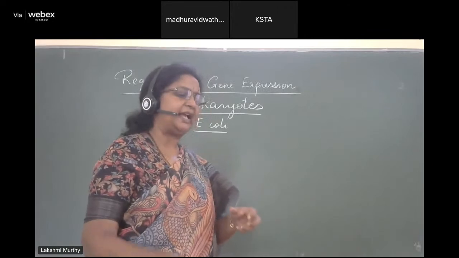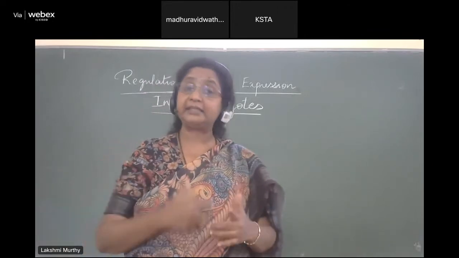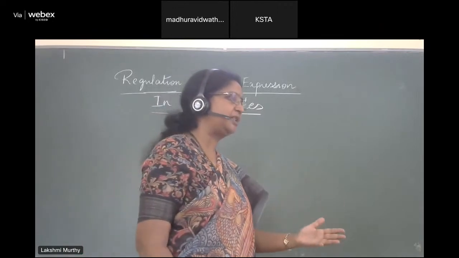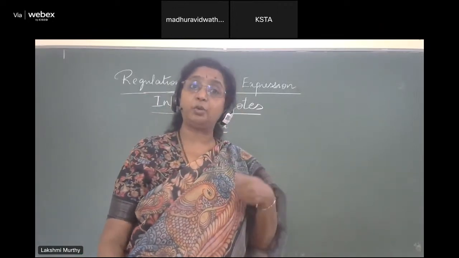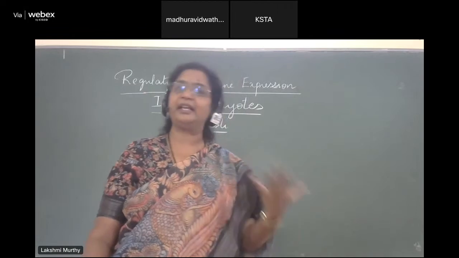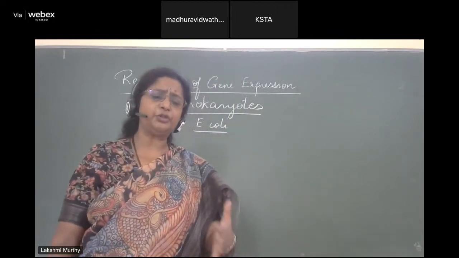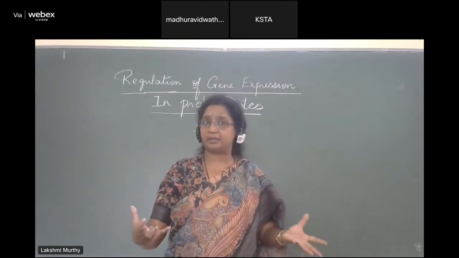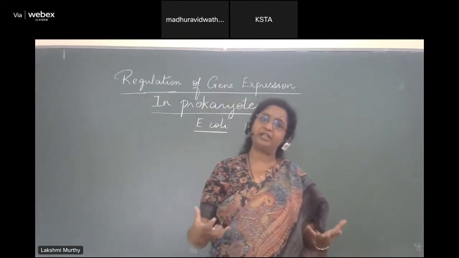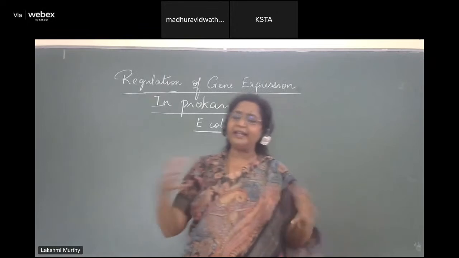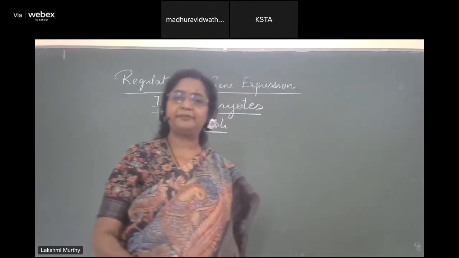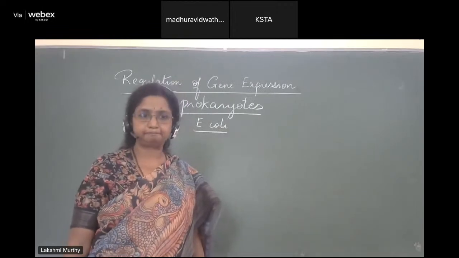Suppose you take E. coli and you make it grow in milk, it is able to grow even in milk. You put it in potato extract, it can even survive in potato extract. So you find that with any kind of nutritive substrate, a wide variety of nutritive substrates, E. coli is able to survive really well.